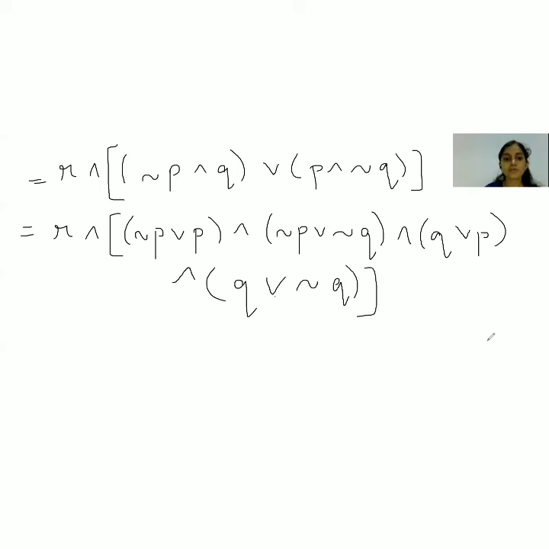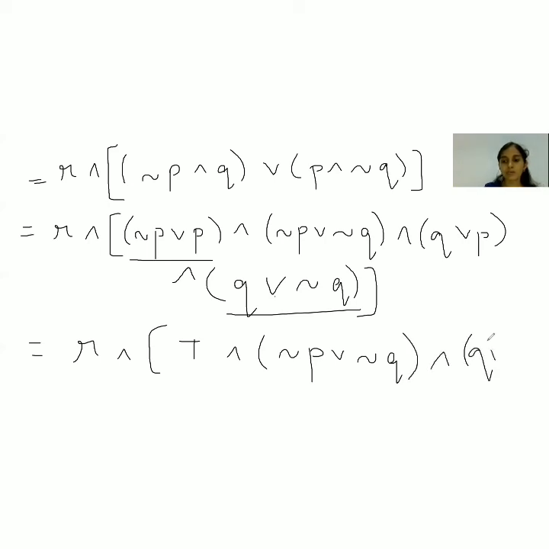So now we can use the complement law for this one and this one because they're same. Negation P or P is true and Q or negation Q is true. So we are left with R and true and negation P or negation Q, and Q or P. And the last one again will be T and T. So T in negation P or P and T in Q or negation Q.